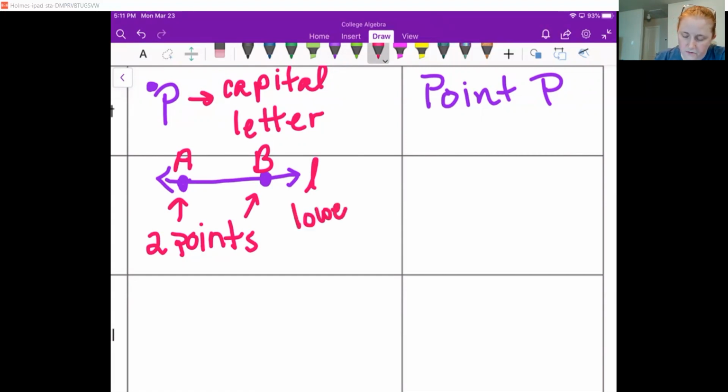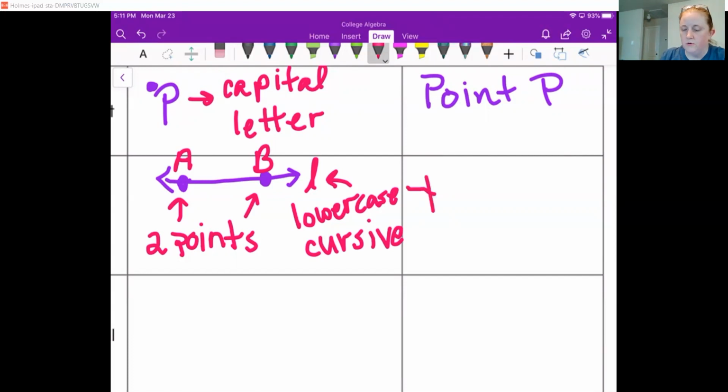So again, if it's out by the arrow, it needs to be lowercase and cursive. Now, how do I know the difference between the cursive letter if it's out by an arrow or if it's actually a capital letter by a dot? The clue there is the dot. If the letter does not have any dots around it and it doesn't appear to be a capital letter, then that could be a name for a line. It could be a lowercase cursive one.